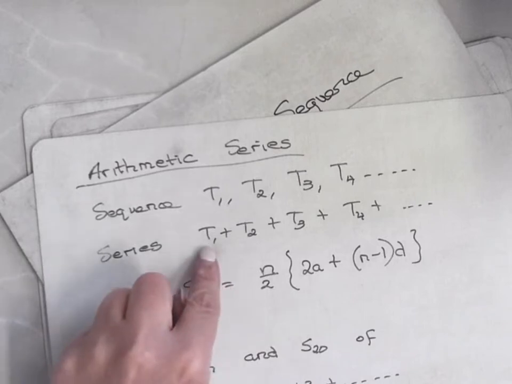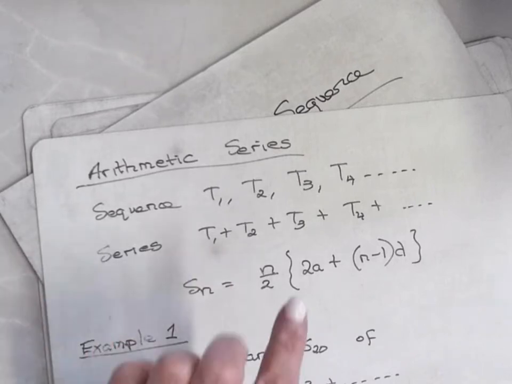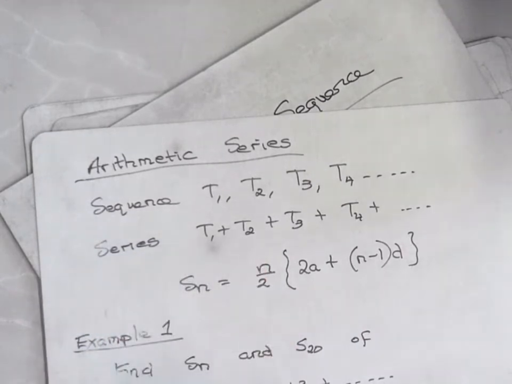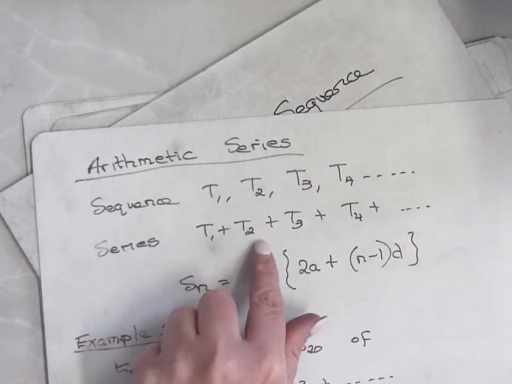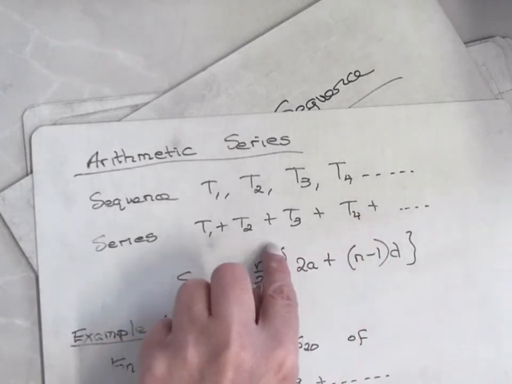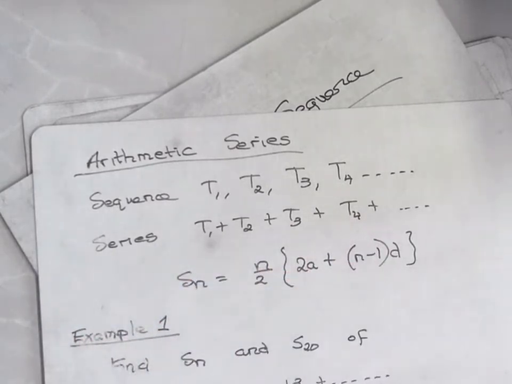So S1 would be term 1, S2 would be term 1 and term 2 added together, S3 would be the first 3 terms added together, S4 the first 4 terms, S20 the first 20 terms added together.